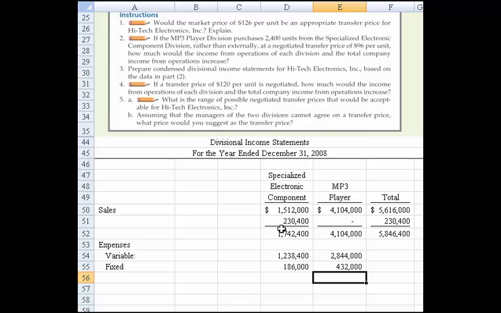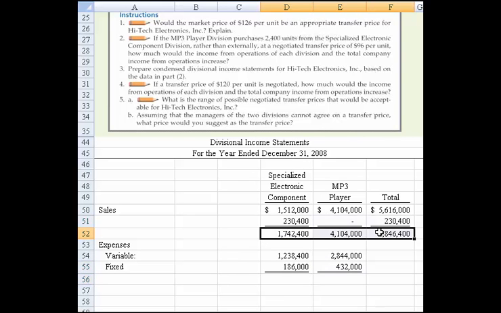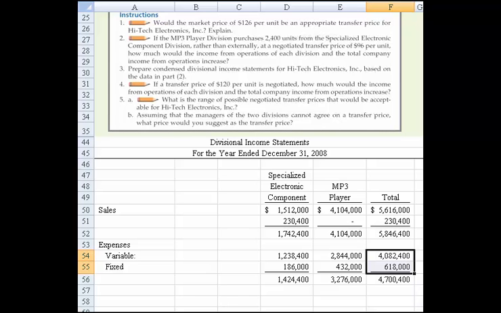Okay, so now we can do another subtotal here. I think what I'm going to do is just format this area right here, and then I can copy this. We'll get another subtotal. I can then sum, and I think if I press this, the auto sum will know what to do. Let's see. Yep, it did. And I come up with 4,700,400. So there's my total expense line. And I'll indent that.